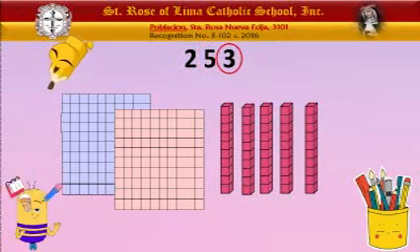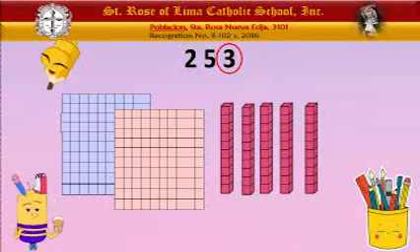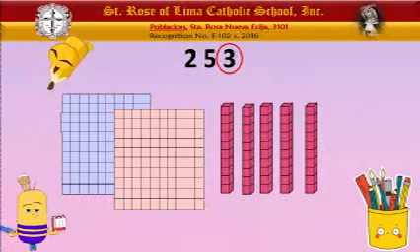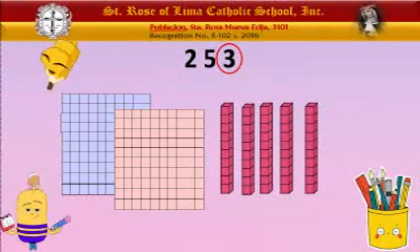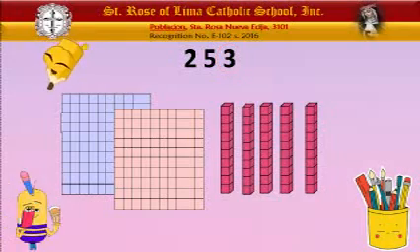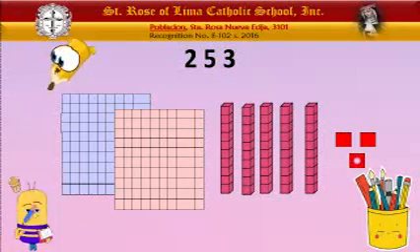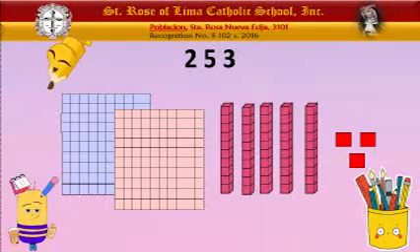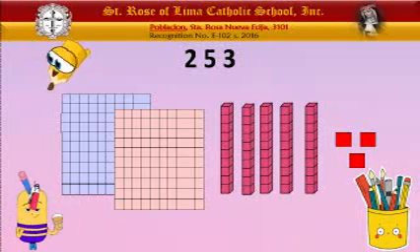We have there number 3. So in number 3, we are going to use the unit. If we have there number 3, it means we have to draw 3 units. So this is the representation of 253 using the base 10 blocks.